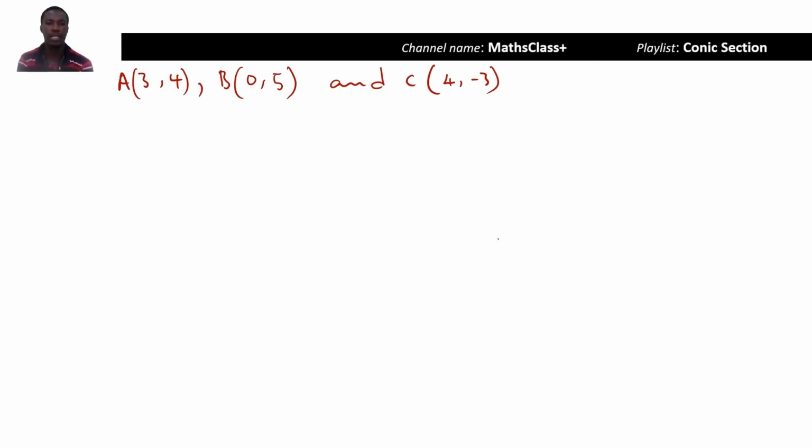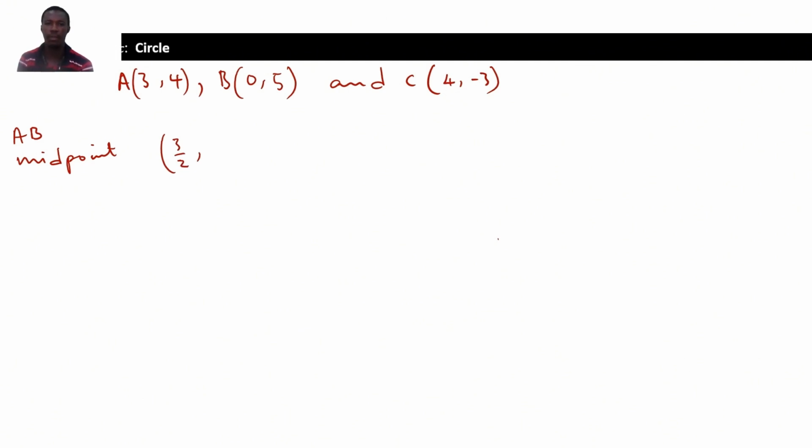So let's take the side AB. We are going to find a midpoint. And that will be 3 plus 0 divided by 2, which is 3 over 2. And then 4 plus 5 divided by 2, which is 9 over 2. This will be the midpoint of the line AB.